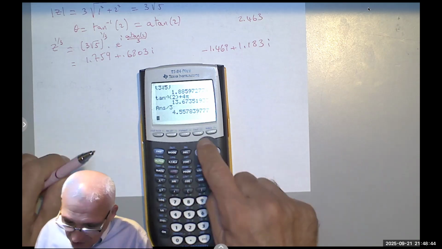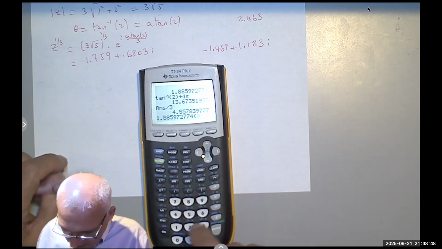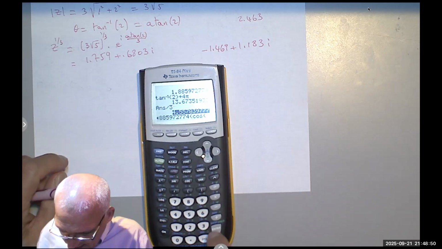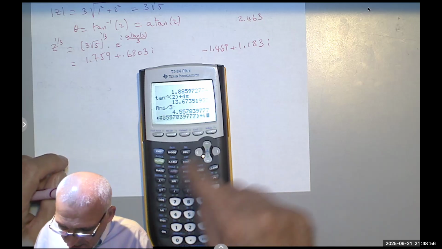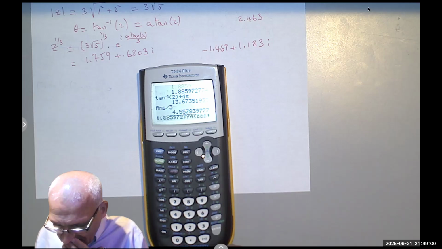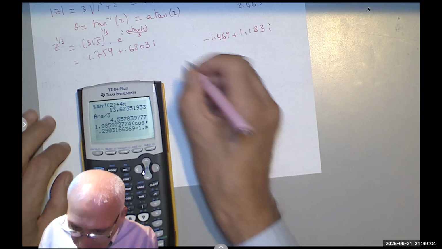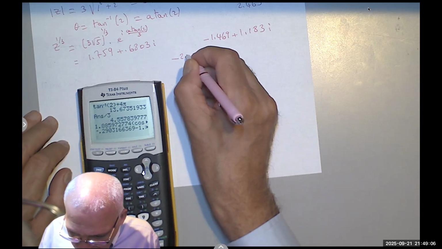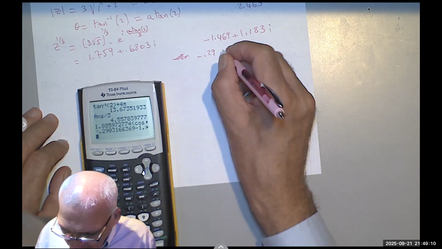Okay, so I'm going finally to say this times cos of this angle plus i sine of this angle. Did I open parentheses? I think I did. Okay, so I get the third root would be negative 0.29 minus 1.